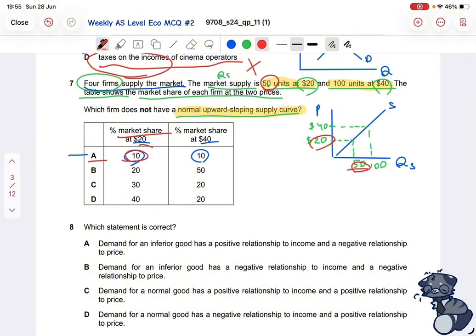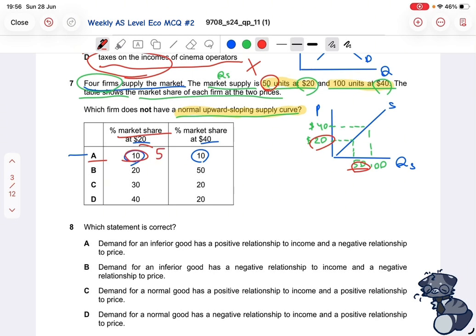So how much did it actually supply at $20? Well, that's easy. It supplied 10% of 50 units, so just multiply 0.1 with 50 and you get 5. Therefore, the quantity supplied of firm A at $20 is 5 units.